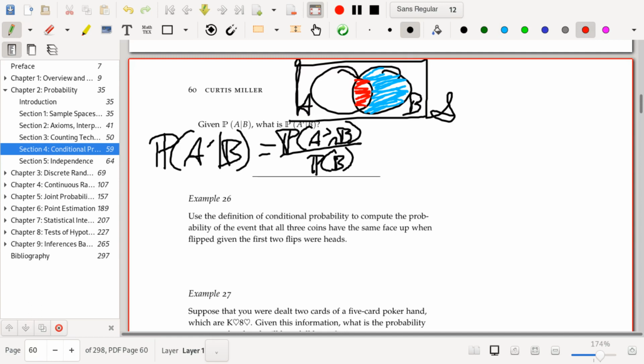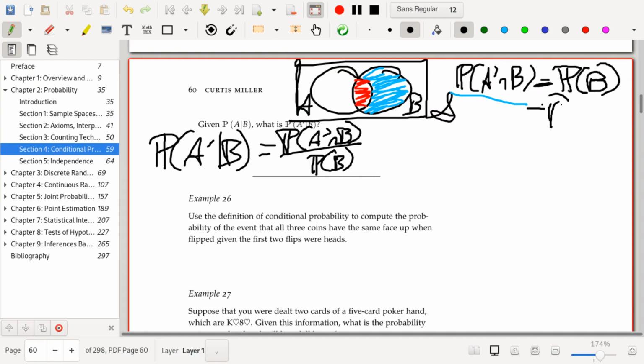We could say that the probability of A complement and B, so that corresponds to the blue region, is going to be the probability of B minus the probability of A and B, where A and B is going to be the red region. So we do, in fact, have that probability.